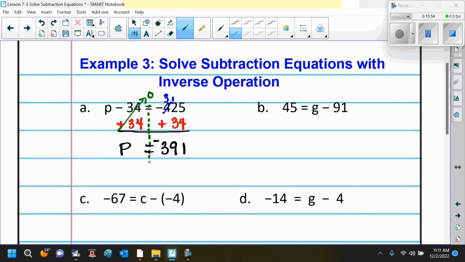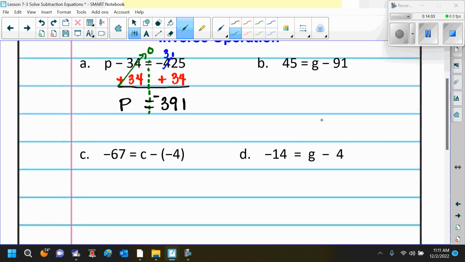Is everybody clear? Awesome. So letter B, you know what, actually, let's go down to letter C. Now, here we have a negative 67 equals C minus negative 4.